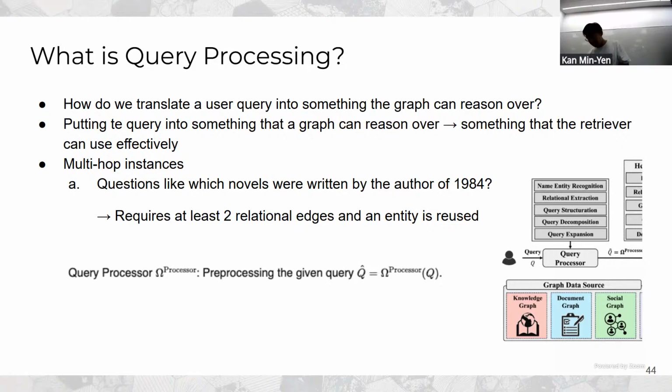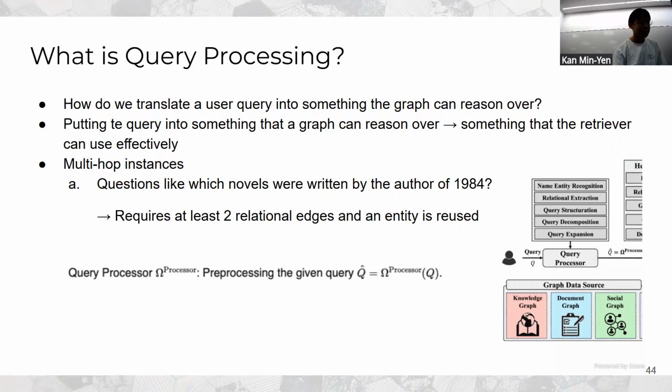The challenge is how do we turn a natural language question into something that we can actually throw at our graph and retrieve something back. In the paper, they talk about the function we call omega processor, and it outputs Q hat.